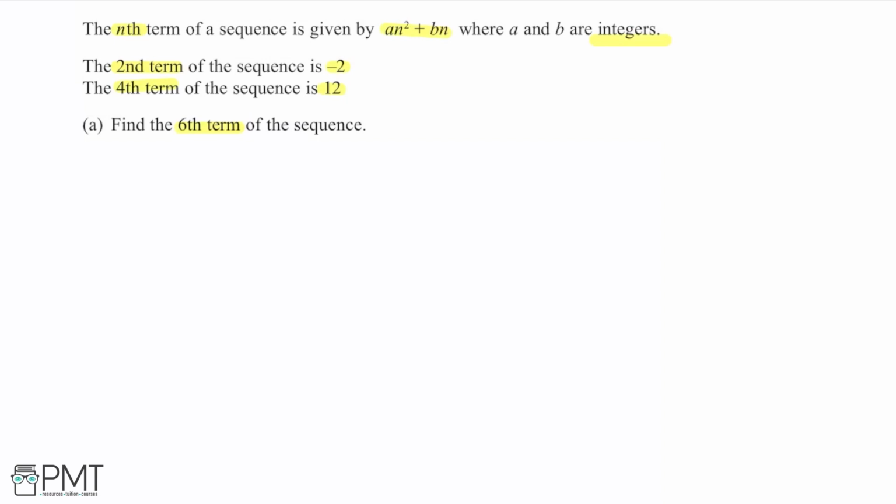So if we start with the first one, we know that the second term of the sequence is minus 2, and we could use a bit of notation here and just call the second term u2. So un is just the general term, the nth term of the sequence. u2 is going to be the second term. And we know that has to be of the form an squared plus bn. So un is equal to an squared plus bn.